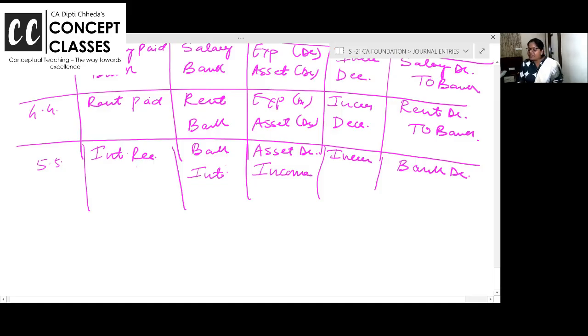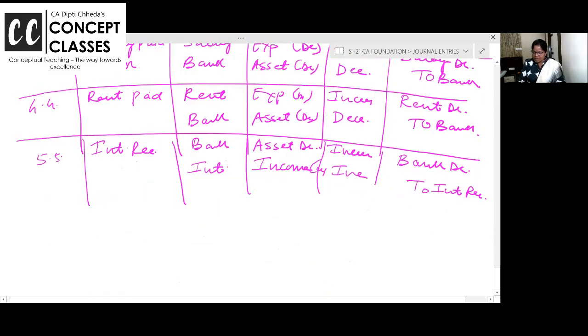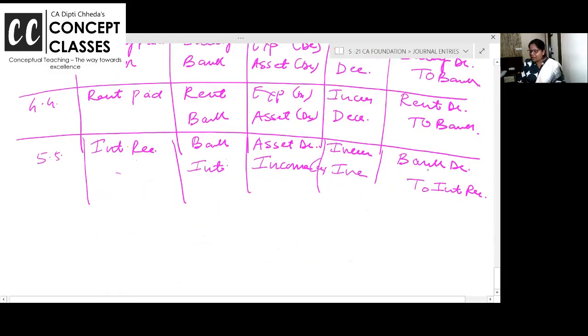What is the nature of income? Credit. Is there an increase in the income? More income. It's already credit. More increase, more credit. Bank account debit to interest received. Look at the journal entries, they're so easy. Interest received, money is coming into bank, and credit.